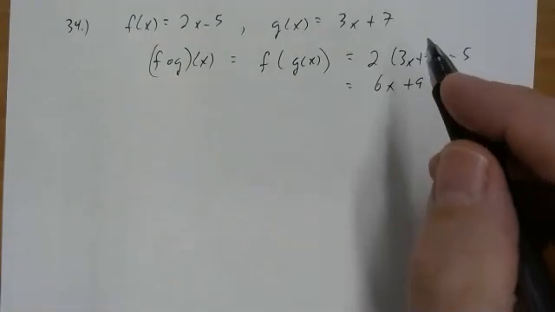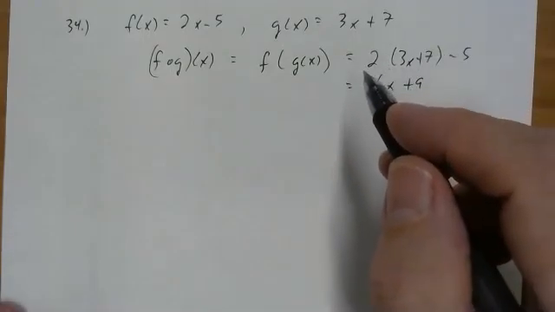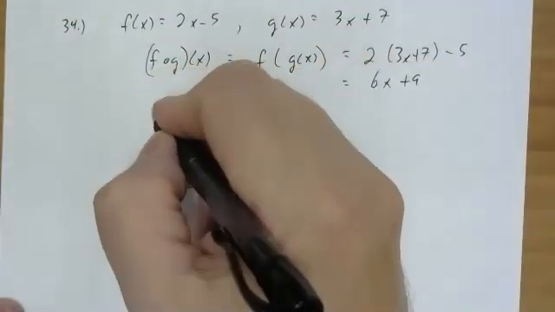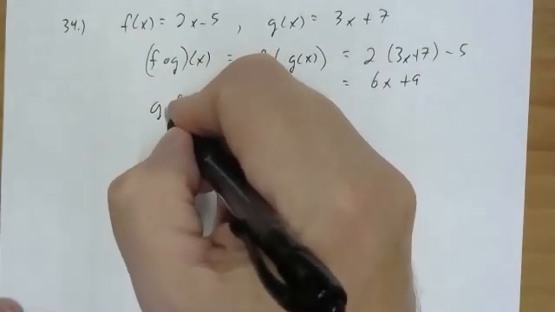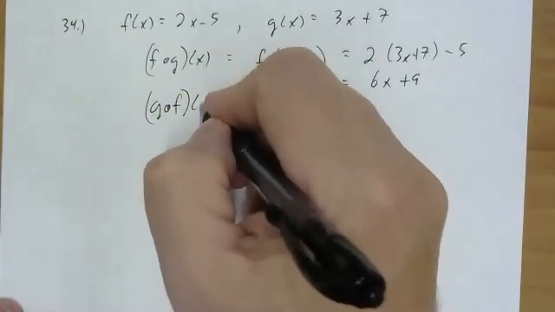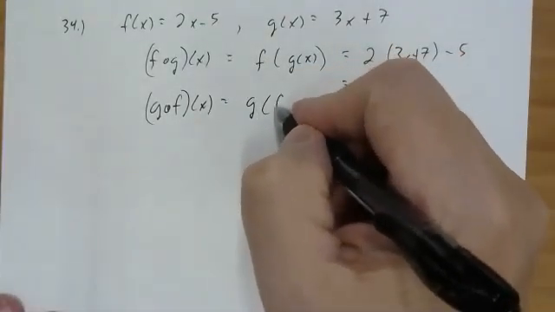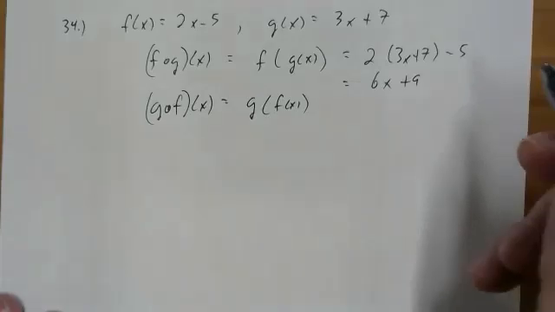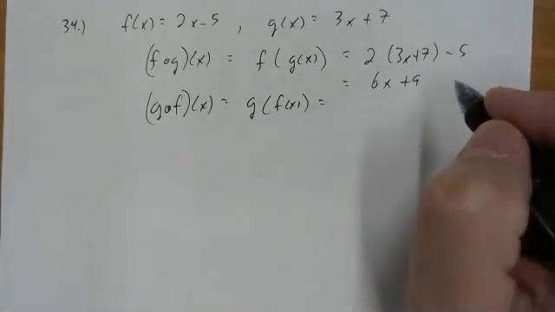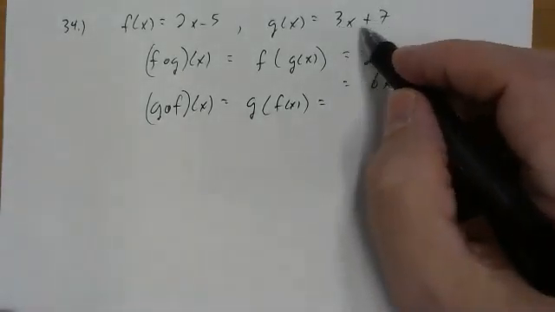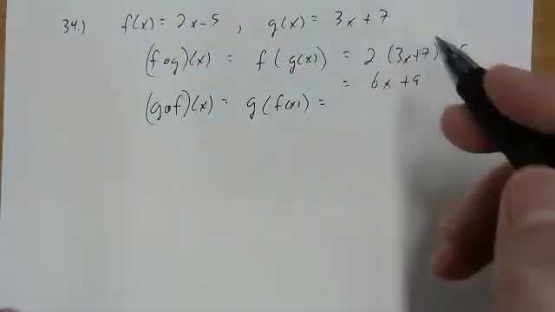Then the next one is g composite f of x. That's the same as saying g of f of x. You take the g function, 3x plus 7, and replace x with the f function.